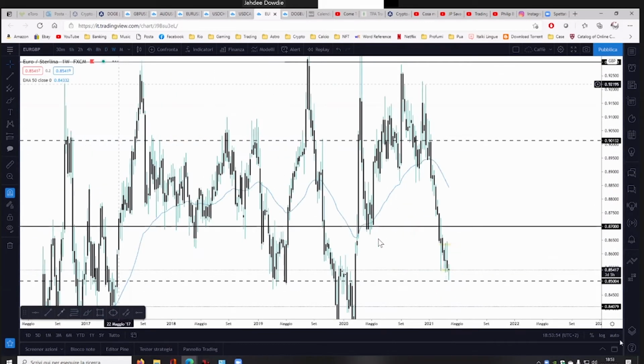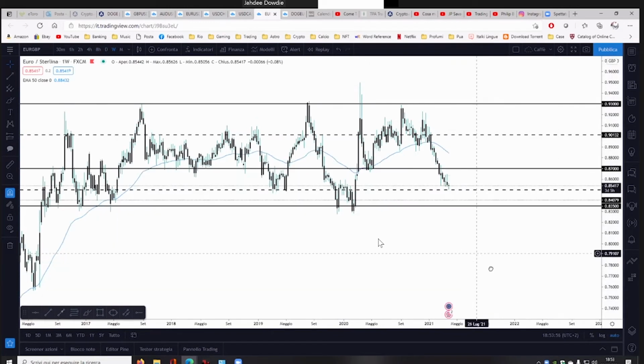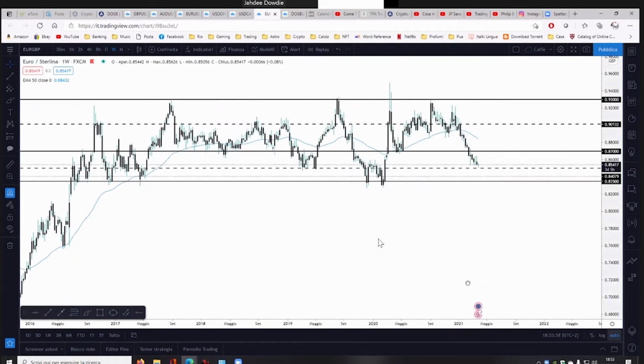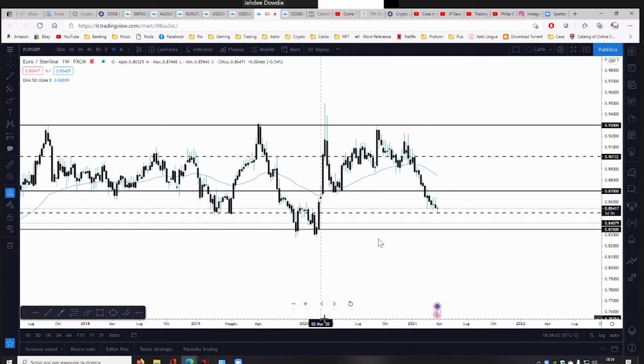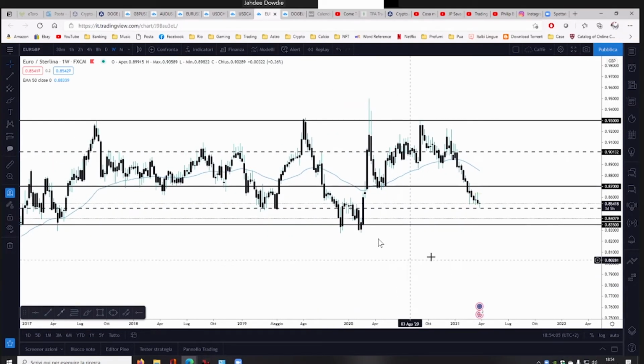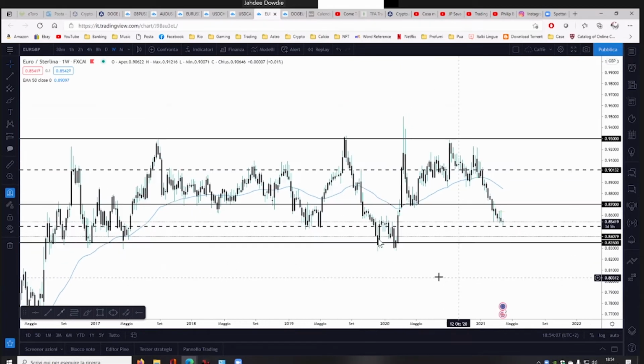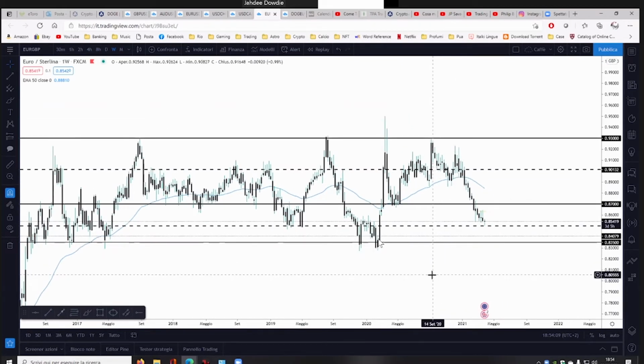Also, the institutional, I don't want to say levels, but entry, because many times I think we can feel when institutionals are in or when they're out.